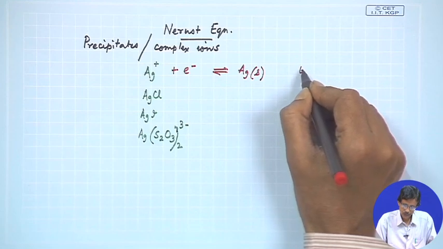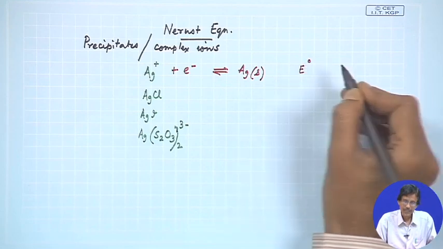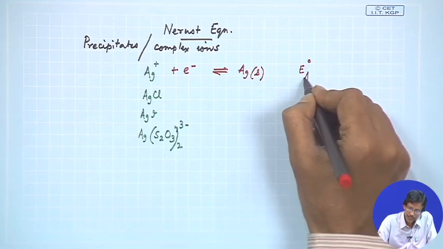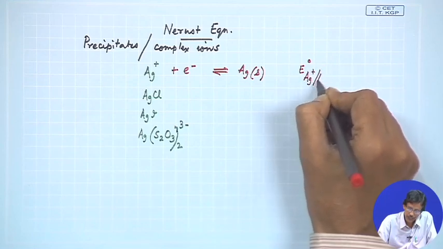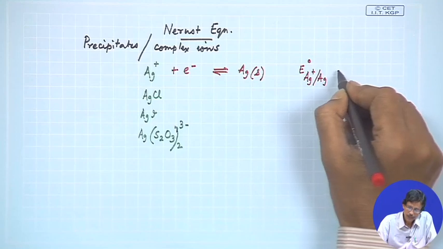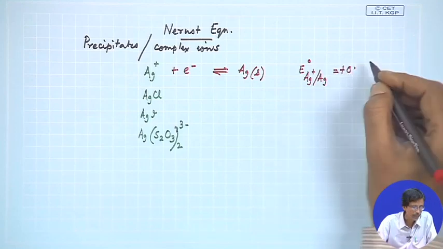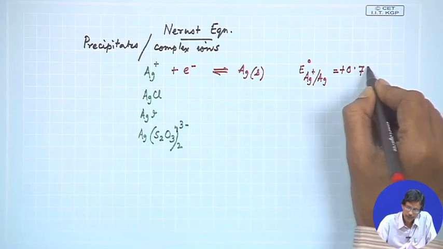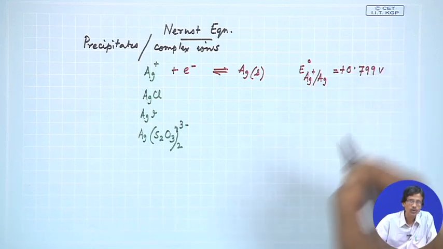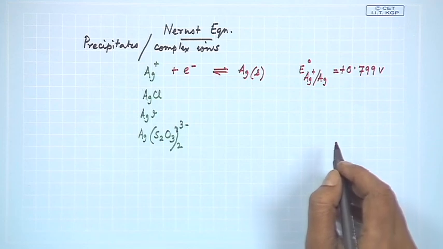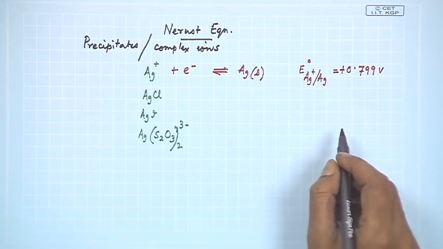When it accepts one electron, we get silver as the solid separating out from the medium, and we also know the corresponding standard electrode potential value, which is E0 for Ag plus Ag is equal to 0.799 volt. So, close to 0.8 volt for the reduction potential of silver ion.